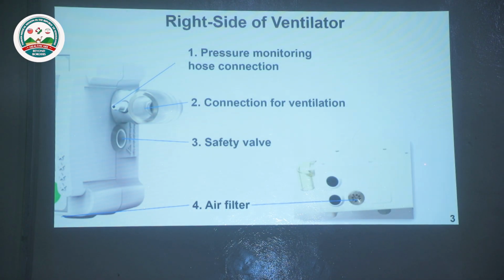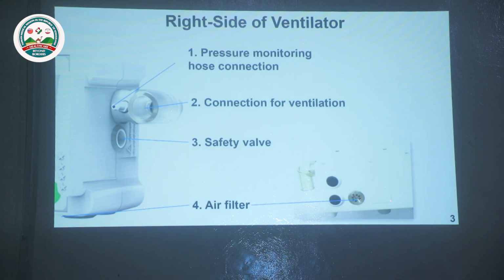Because this ventilator just connects to the oxygen cylinder, and we know that an oxygen cylinder provides 100% oxygen, if we would like to decrease FiO₂, the fraction of oxygen, below 100%, we require this part to suck in air to dilute it and get the patient's FiO₂ below 100%.